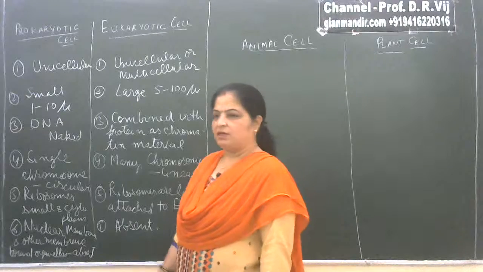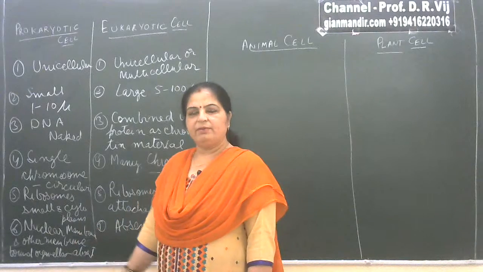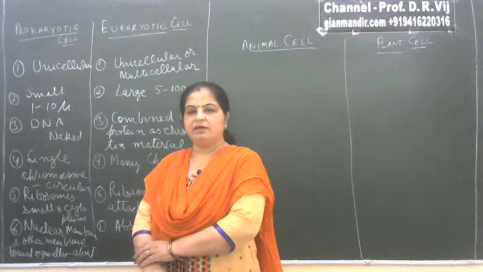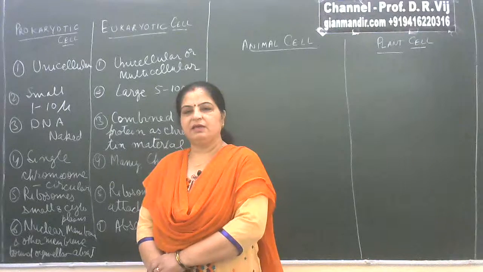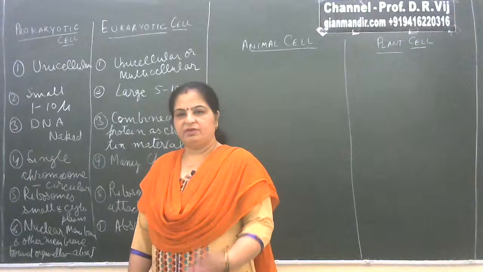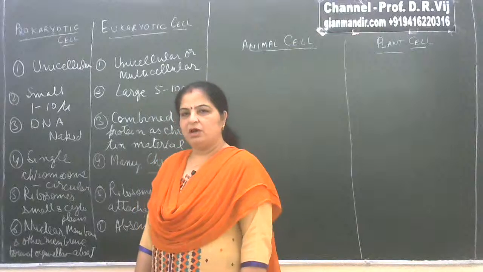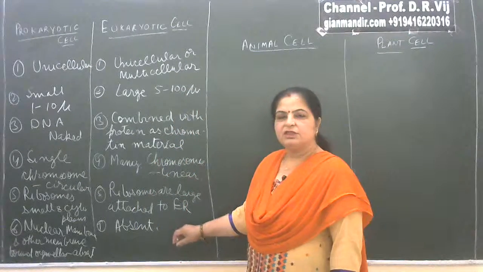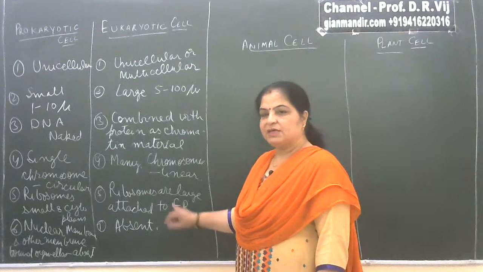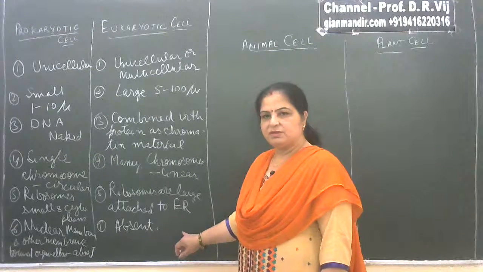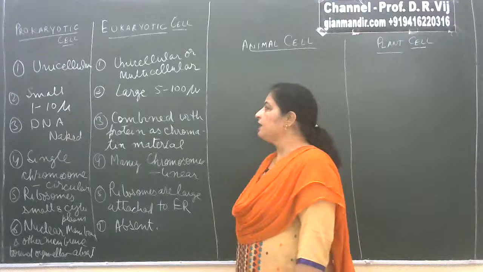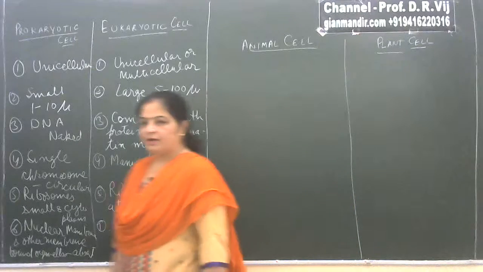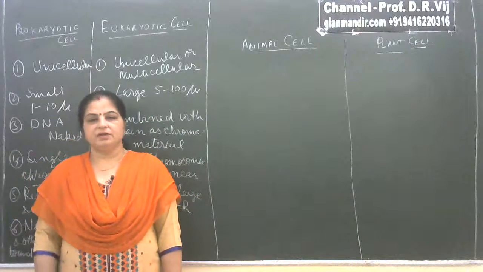And of course, in prokaryotic cells, the nuclear membrane and other membrane-bound cell organelles like Golgi apparatus and endoplasmic reticulum are all absent. But in eukaryotic cells, such membrane-bound cell organelles as well as a membrane-bound nucleus are present. So that was a comparison of eukaryotic and prokaryotic cells.